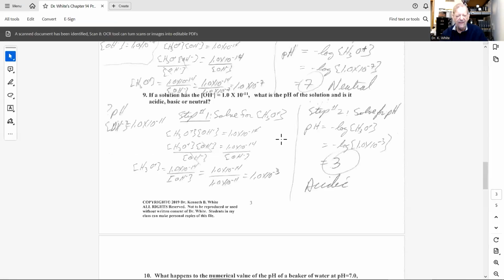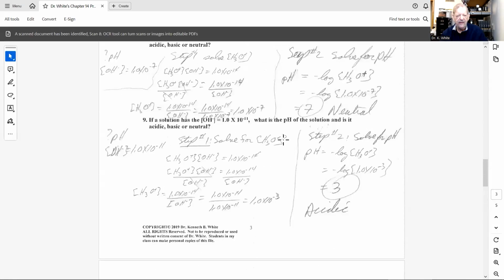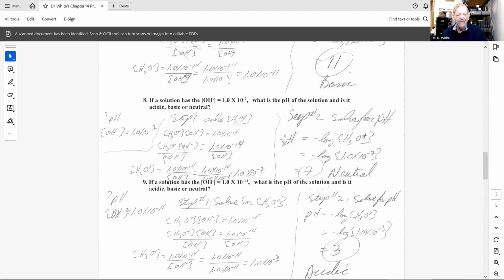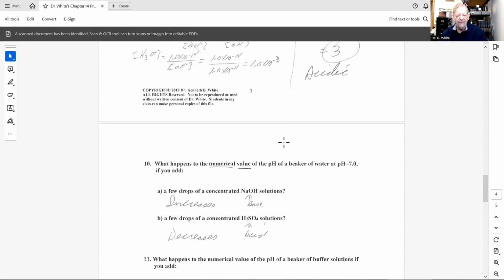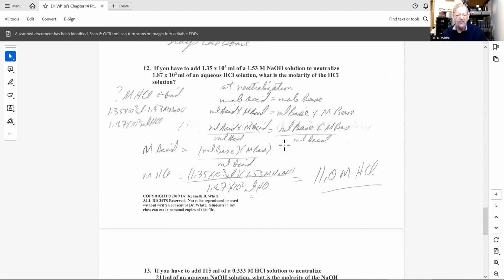All right, let's look at titration problem number 12. If you have to add 1.35 times 10 to the third milliliters of a 1.53 capital M NaOH solution, here's the key word, to neutralize 1.87 times 10 squared milliliters of an aqueous HCl solution, what is the molarity of the HCl solution?